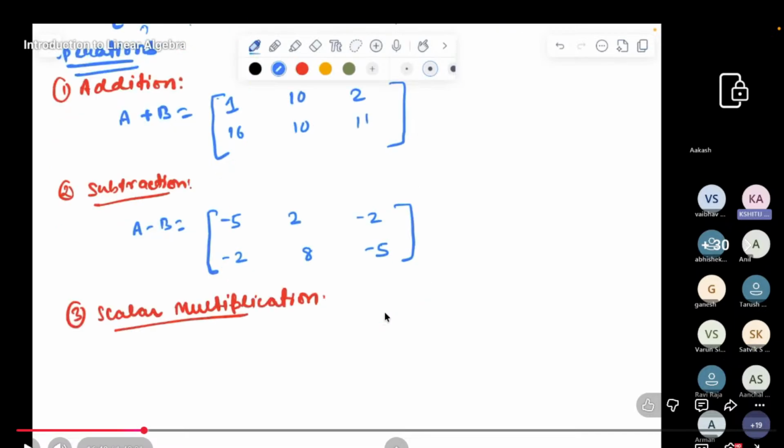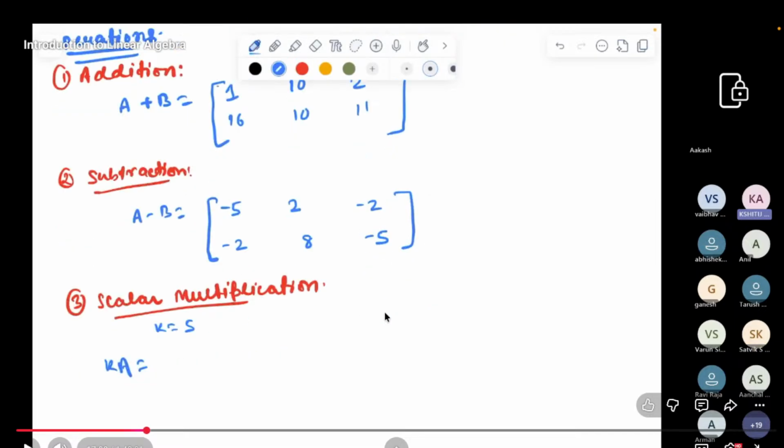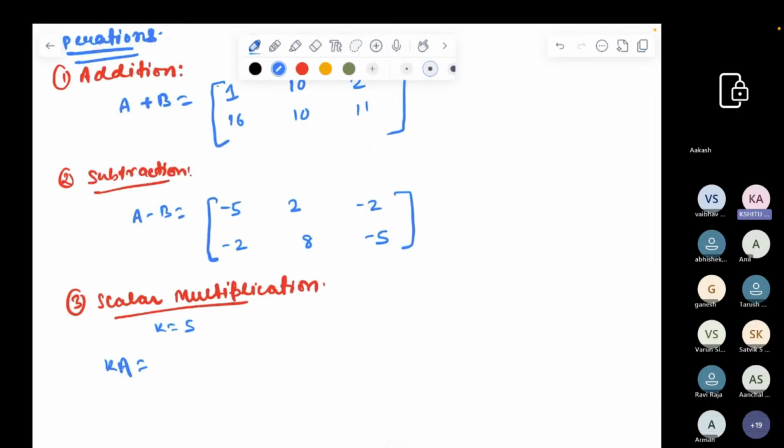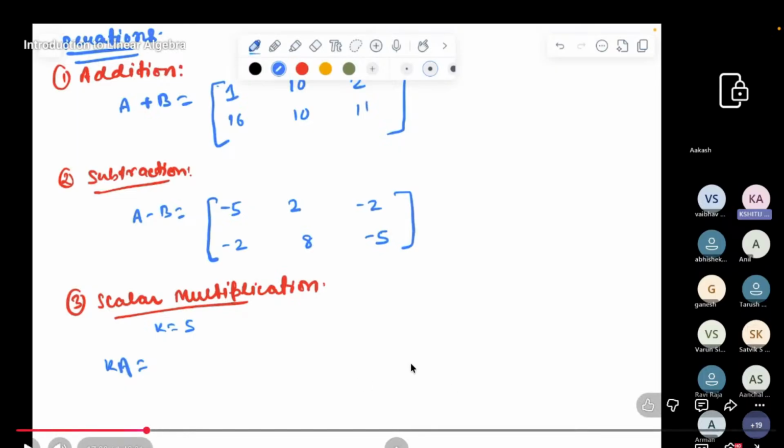Let's go to multiplication. It's scalar multiplication, so that would be fine. If there is a term like k, then we have to multiply this number with all the terms in our original matrix. So we can just multiply 5 with the original matrix.